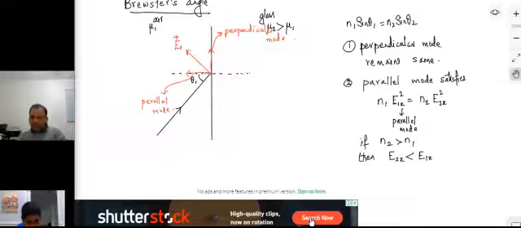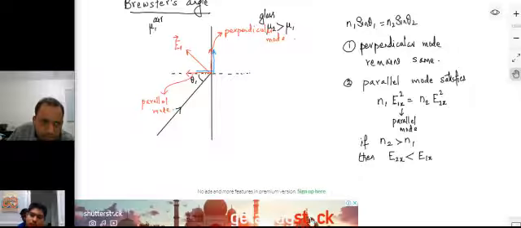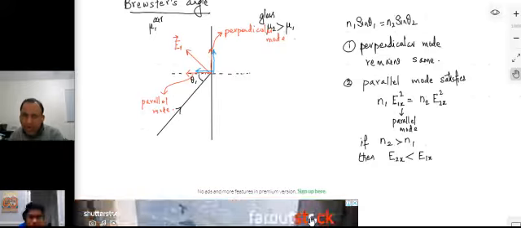Clear? Okay. So what is happening is, after it reaches the interface, this decreases and this remains the same. These blue lines represent the vectors after going through the medium. The perpendicular mode remains the same. The parallel mode decreases. It has been shortened a little.